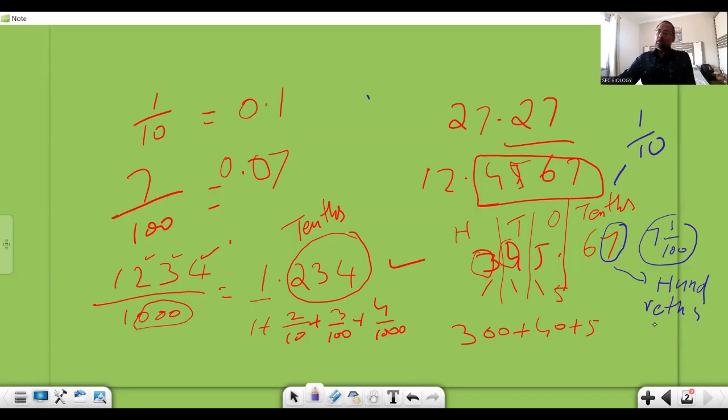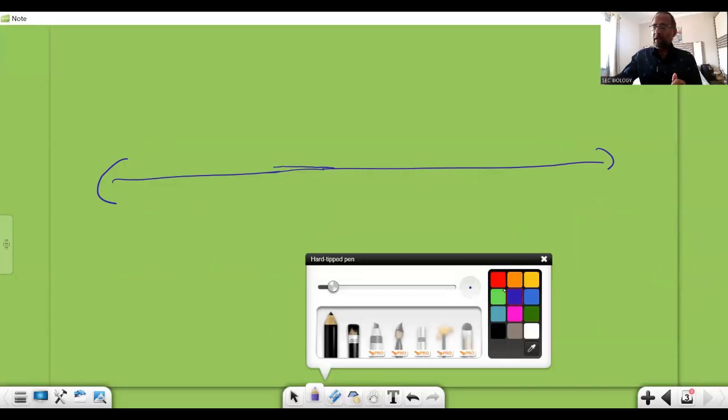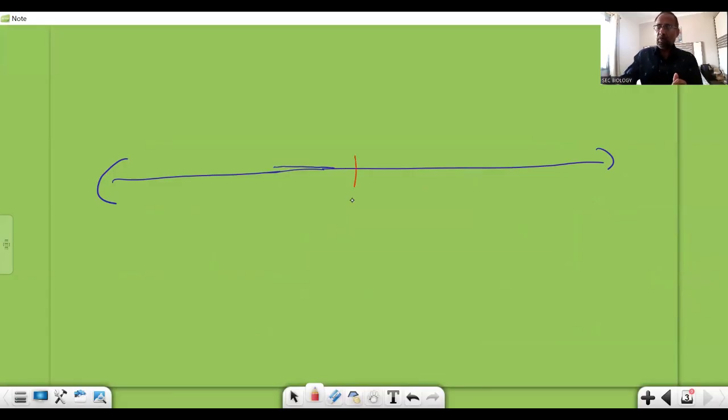Study this one. That means place value changes whenever you move from left to right. Can you see the number line? On this number line, this is 0, then 1, 2, 3 going on.